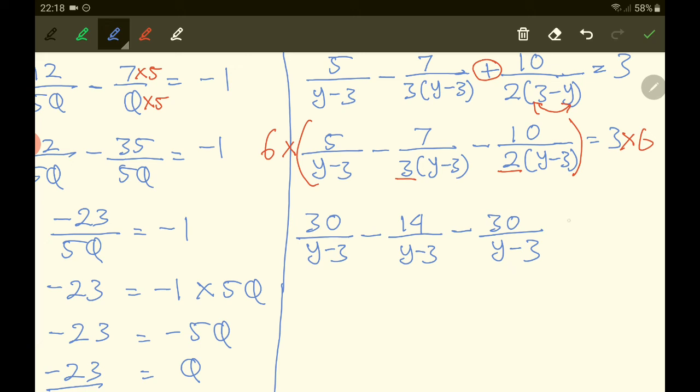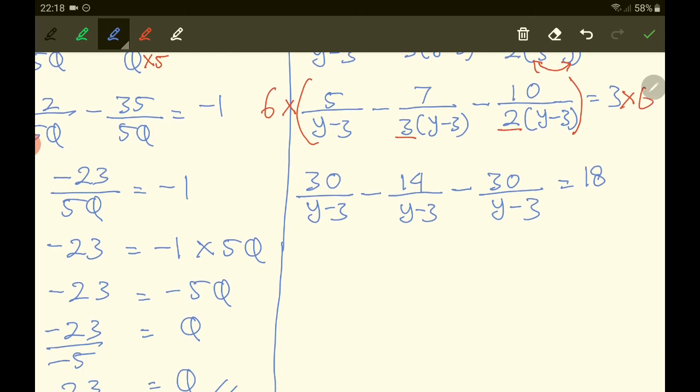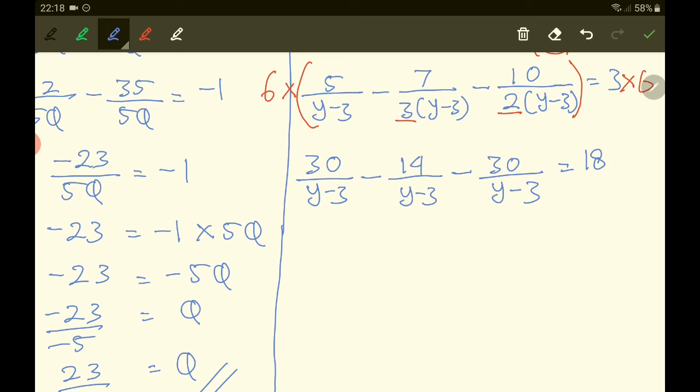This is equal to 6 times 3, which is 18.